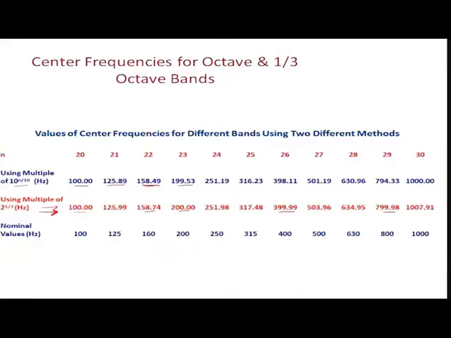When you compare these two sets of numbers, some are exactly the same and some are slightly off. These numbers are very close to each other. It just happens that these numbers are pretty close to each other.